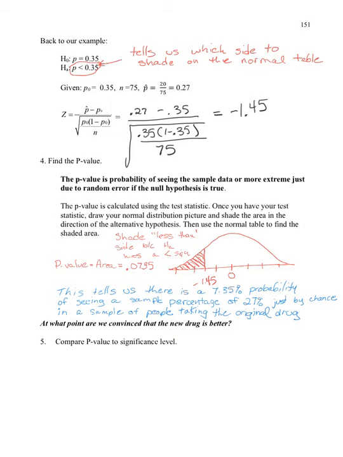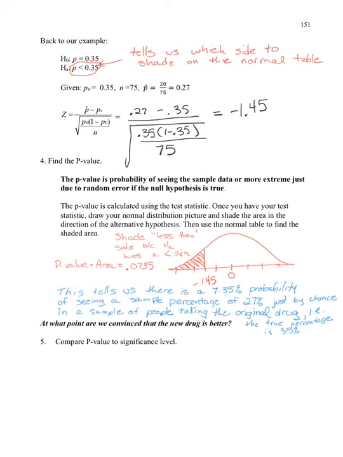So if we took a sample of 75 people taking the original drug, not the modified one, there would be a 7% chance of seeing a sample percentage of 27%. With people taking the original drug, we would assume that the true percentage is 35%.